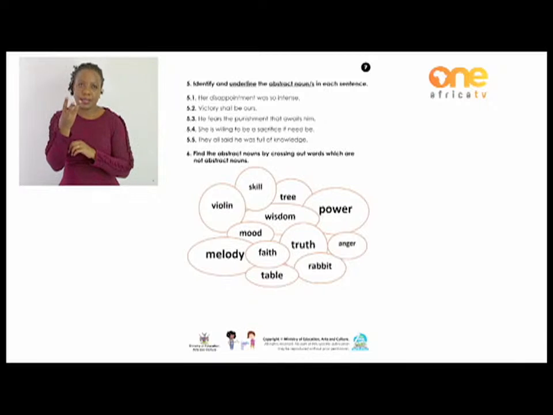Okay. Find the abstract nouns by crossing out words. All right. For instance, cancel out. But words like wisdom, you don't cancel it out, you leave it.